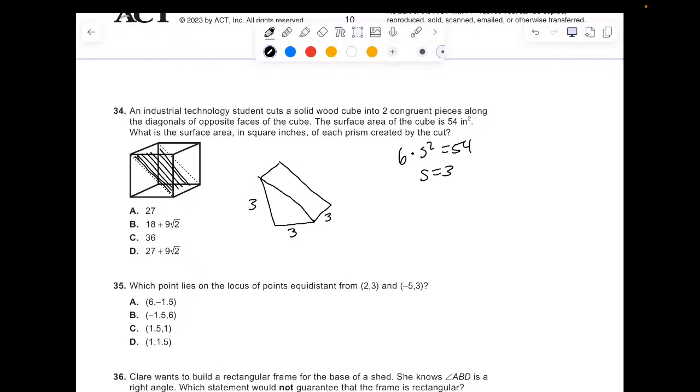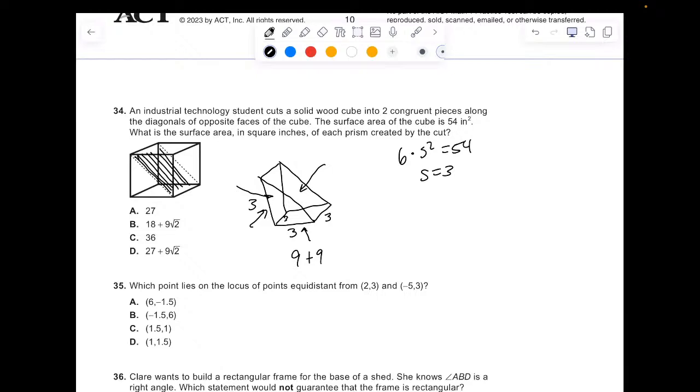So let's just go ahead and calculate these. The bottom here is going to be 9. This side is going to be 3 times 3, which is also 9. And then we have 2 side pieces. I don't know if you can see that well, but we have 2 side pieces, which is going to be 3 times 3 divided by 2. Yep.